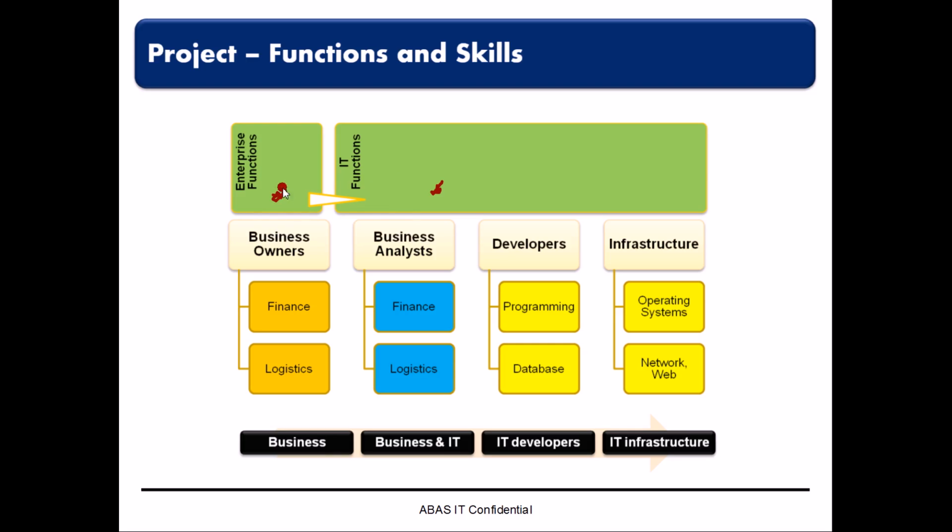For the enterprise functions, we have the business owners, and different areas of business like finance and logistics. When I talk about logistics, it means sales, purchasing, production, customer relationship management, and so forth.